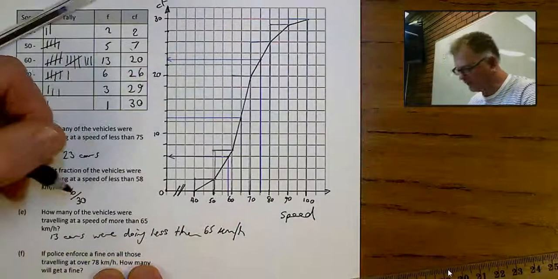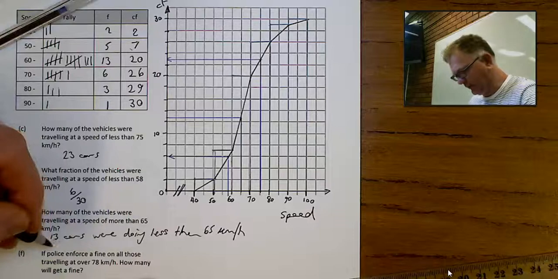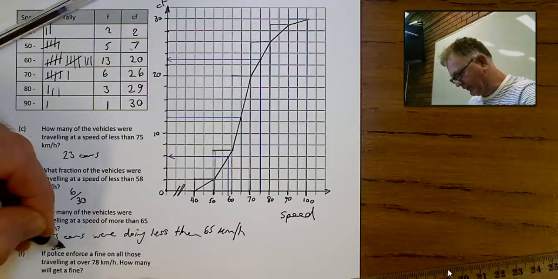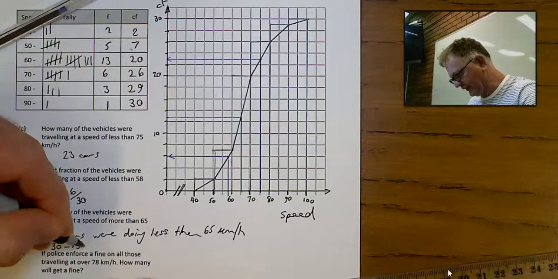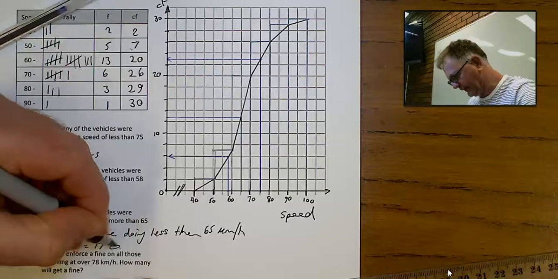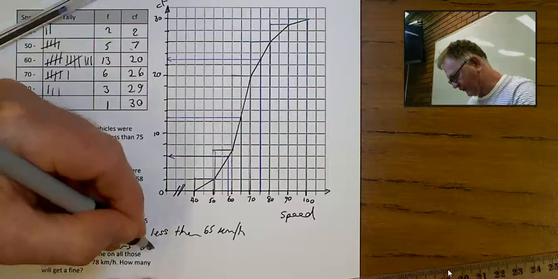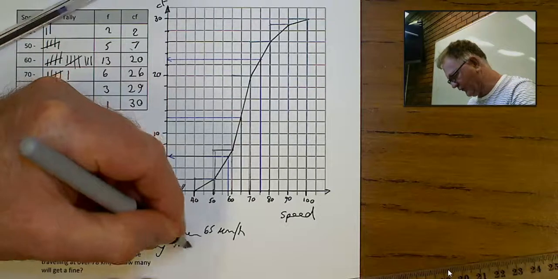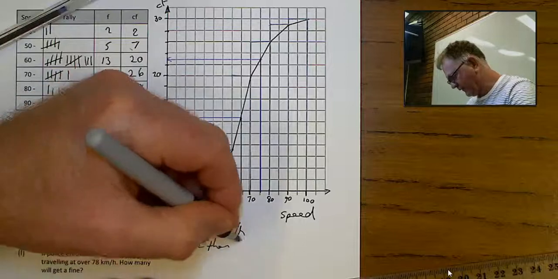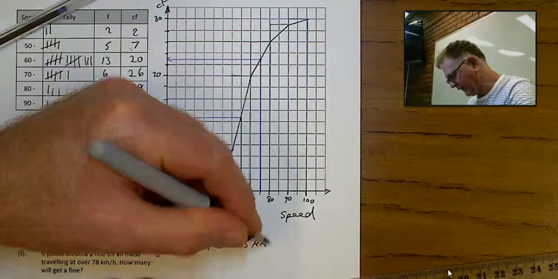The question asked me how many were doing more than that. So that means there were 30 cars that were measured. 30 minus 13 equals 17 cars doing more than 65 kilometres per hour.